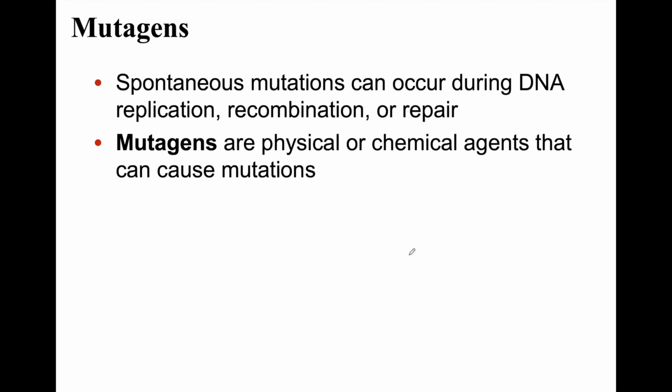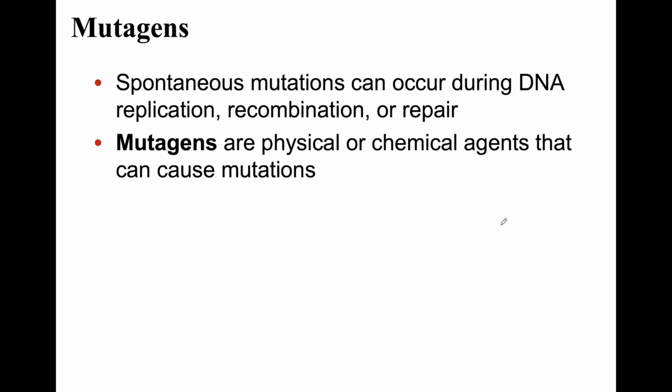Let's say it accidentally puts a T instead of a C. Well, that creates a substitution. Or let's say it accidentally forgets to add a base. That's a deletion. Or it accidentally adds an extra base. That's an insertion. Once in a while it makes these mistakes, and they just happen naturally. So some mutations are spontaneous. They happen all on their own.